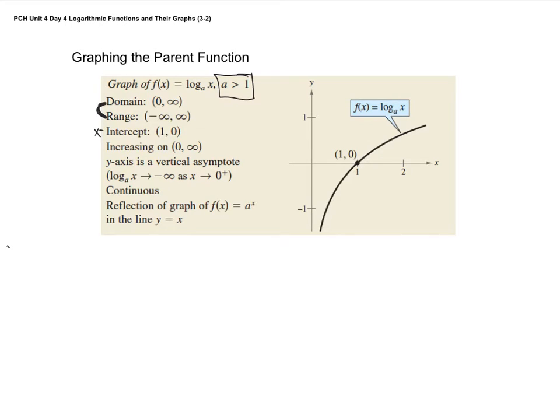You can't have the base of a logarithm be a negative. So if you're raising a positive value to a power, you're never going to get a negative number, right? So you can't have a negative in your argument, because it doesn't matter what you plug in, 10 to any power or 5 to any power will never give you a negative value in the end. Okay?